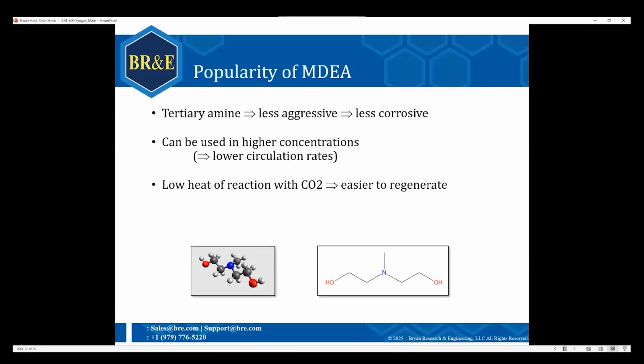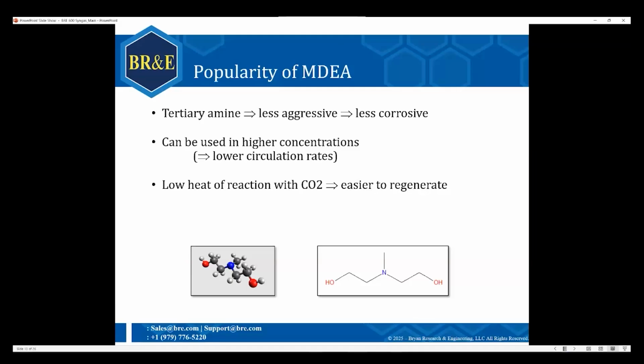Based on what we saw, we may have a conclusion like why would we use tertiary amines when they do not perform that well in CO2 pickup compared to primary or secondary amines? For example, MDEA, which is a tertiary amine, is popular because it's less aggressive, less corrosive, and so we can use it in higher concentrations.